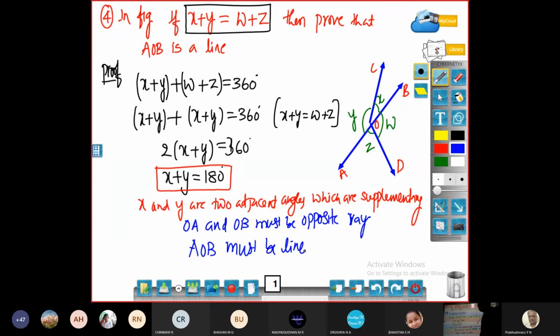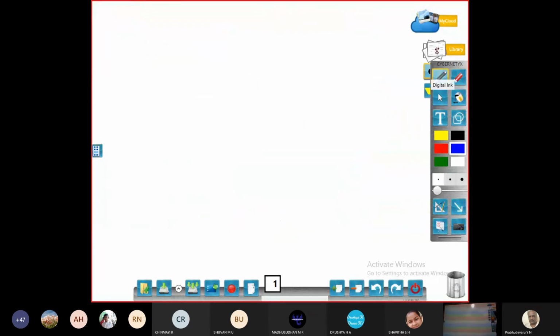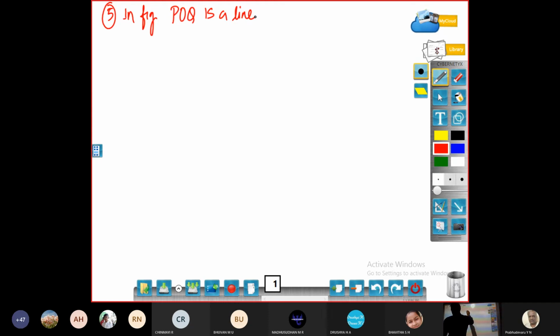So next we'll go to question number 5 now. In figure, POQ is a line. Ray OR is perpendicular to line PQ.